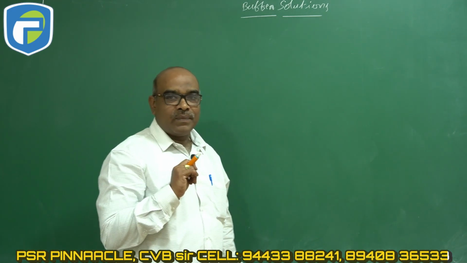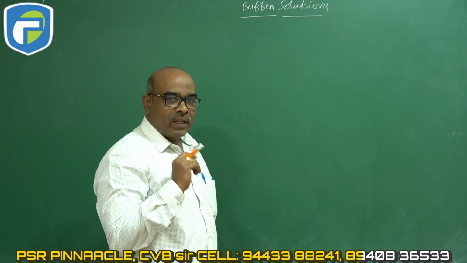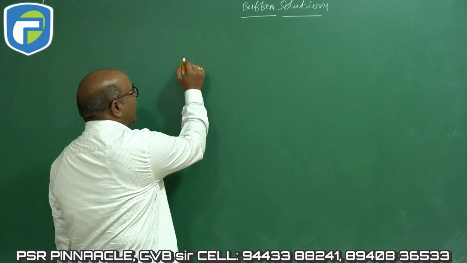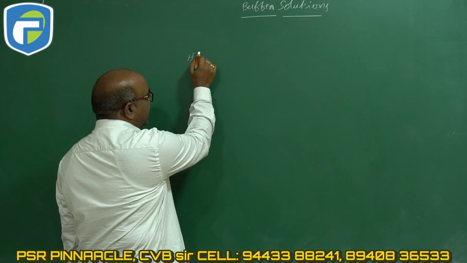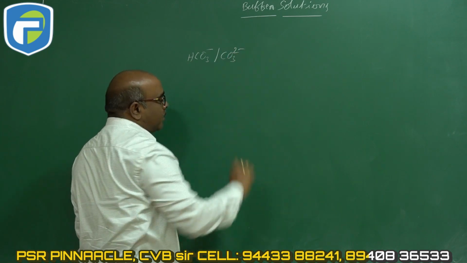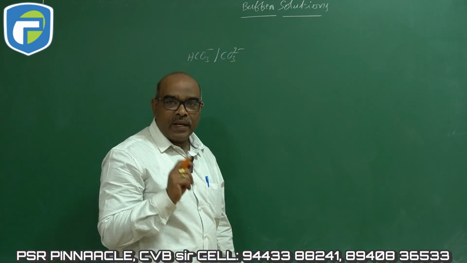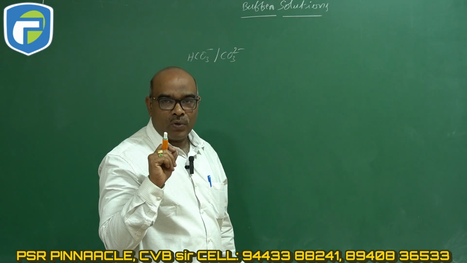Our blood contains one buffer, the carbonate-bicarbonate buffer, with HCO3 minus and CO3 2 minus. The buffer present in blood maintains the constant pH of blood, that is 7.42.